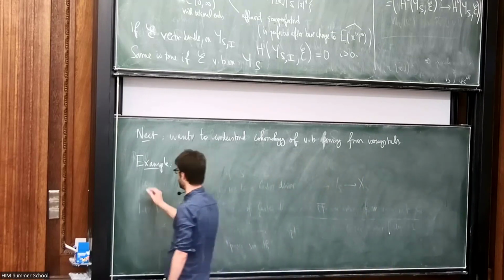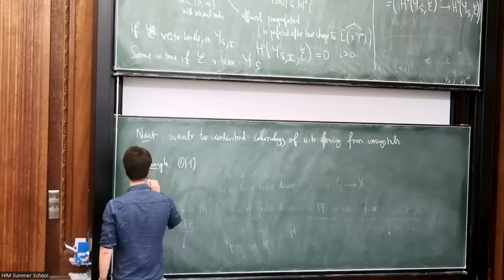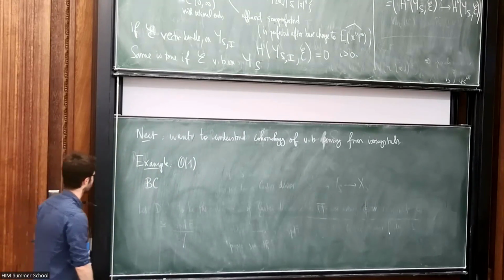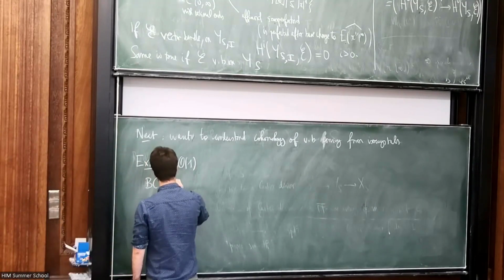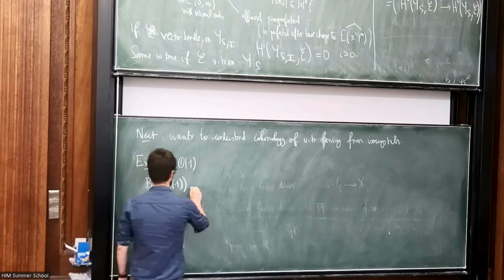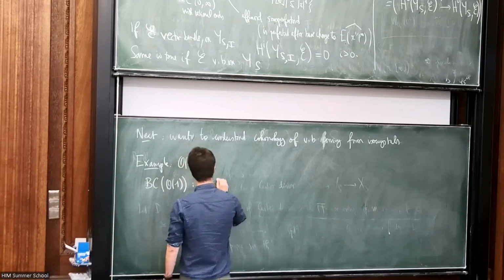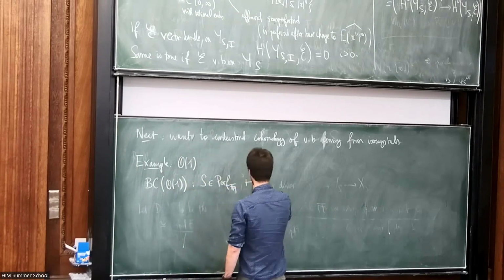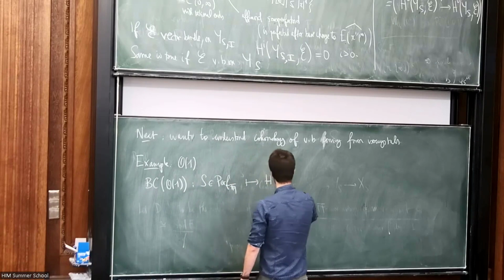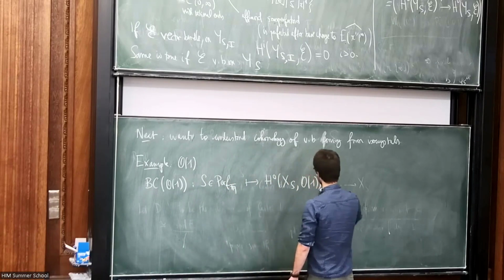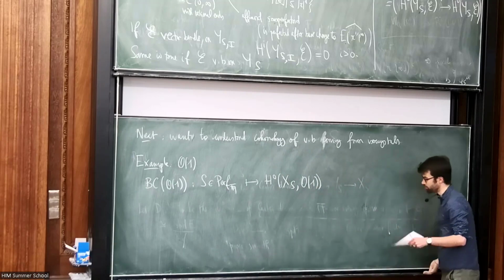When I say understand cohomology in this particular case, it means that I would like to understand the following functor, denoted BC O(1). It sends S, a perfectoid space over F_q, to the global sections on X_S of this line bundle O(1).